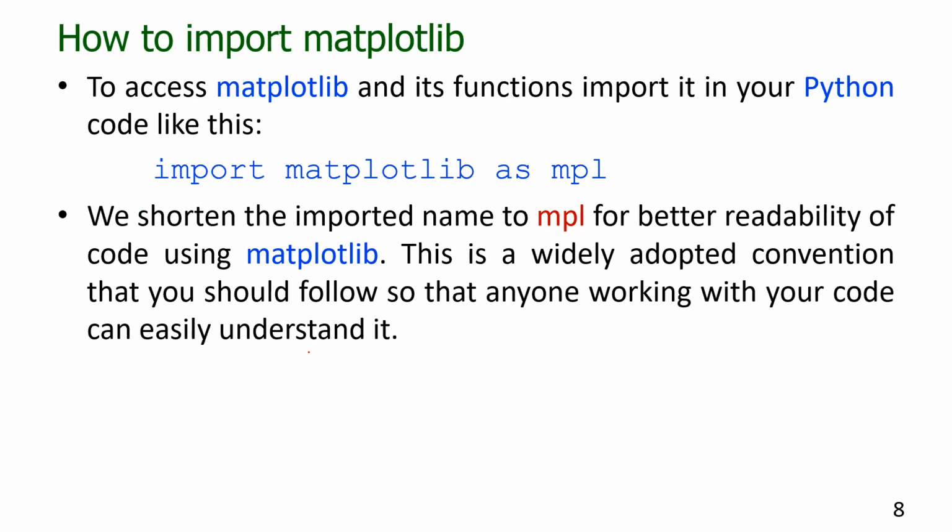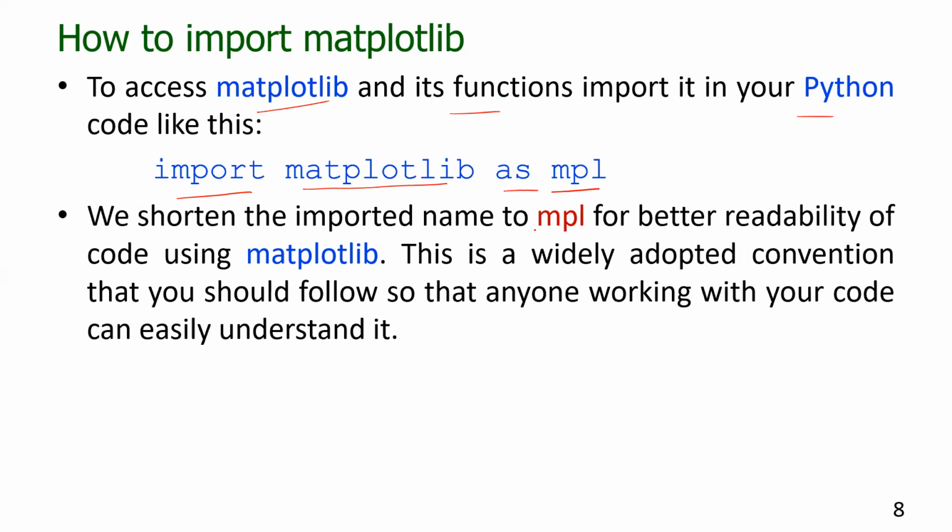Then how to import Matplotlib in our Python IDLE? To access Matplotlib and its functions, we have to import it in our Python code like this: import matplotlib. You can create an object of Matplotlib, mpl, as an alias.